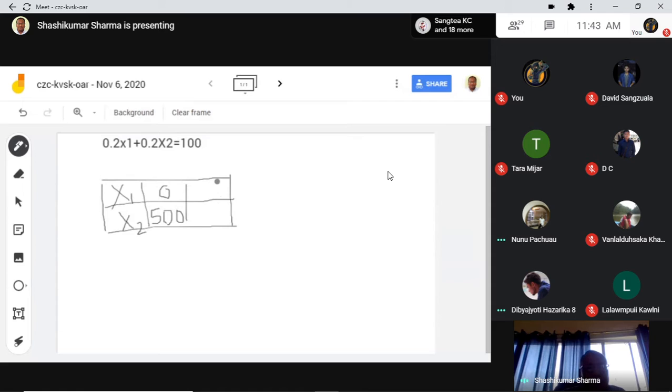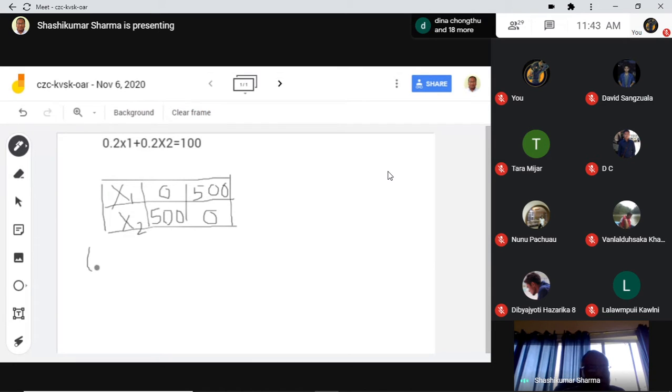Okay, and when x2 is equal to 0, how much will be x1? Same thing, 500. So you have the coordinates. What are the coordinates?